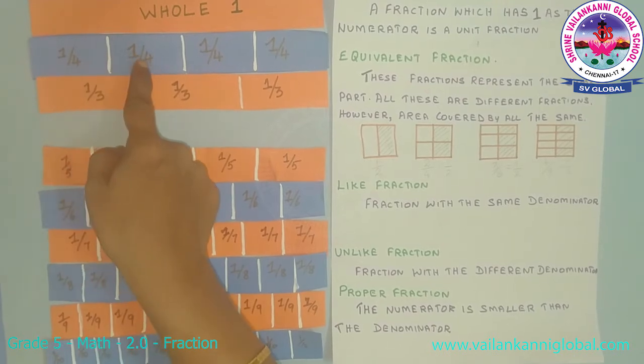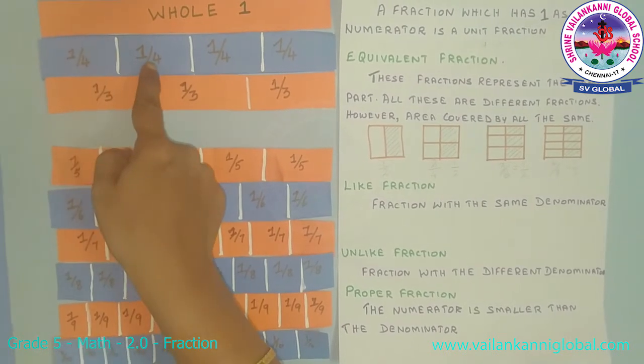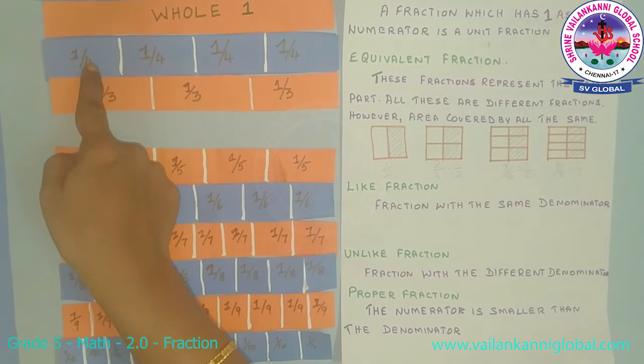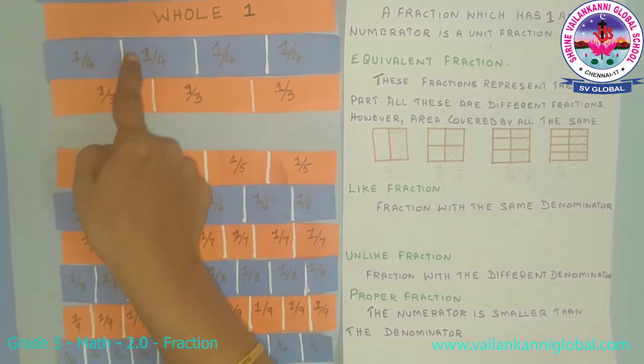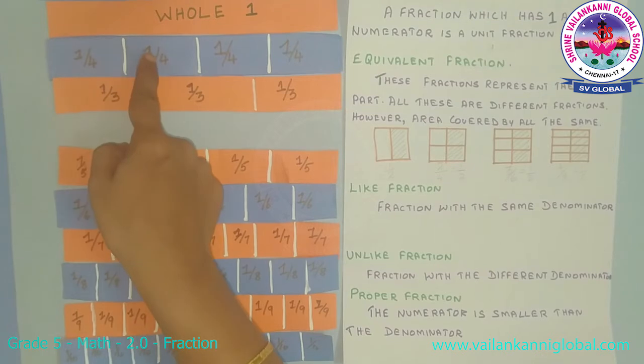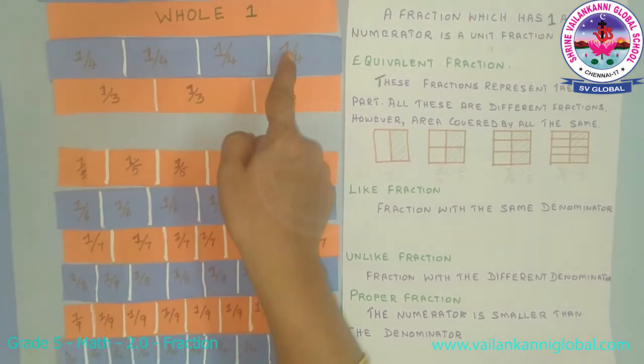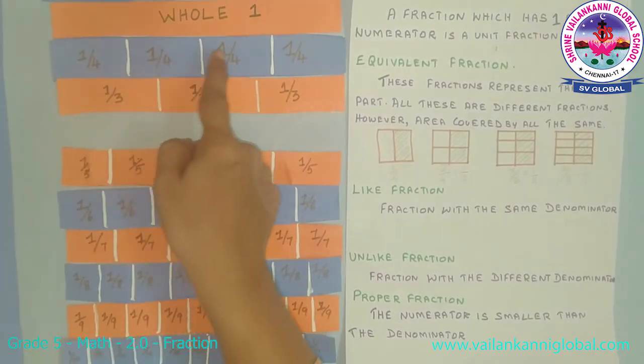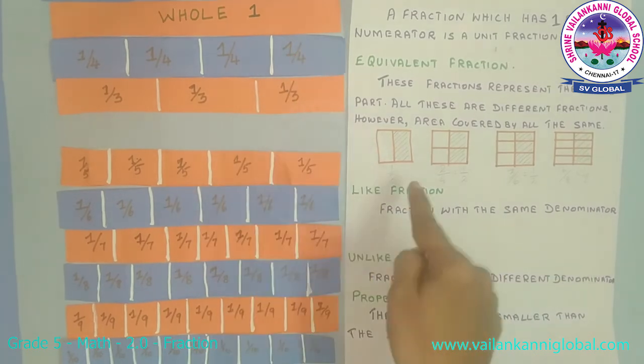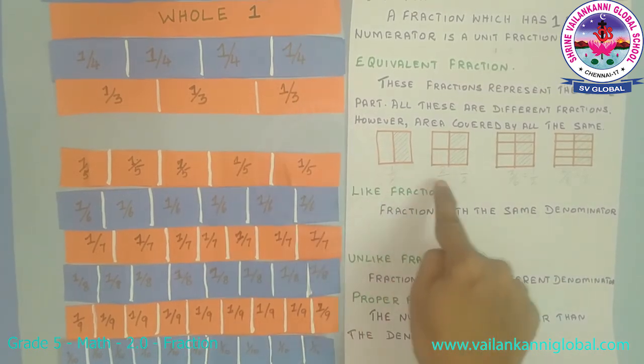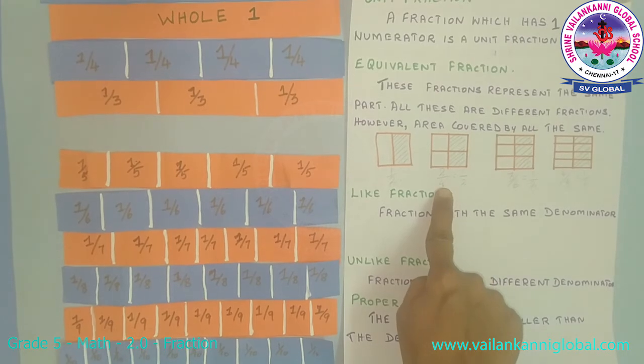When adding fractions, you add only the numerators, so 1 plus 1 is 2, giving 2 by 4. So 2 by 4 is equivalent to 1 by 2.